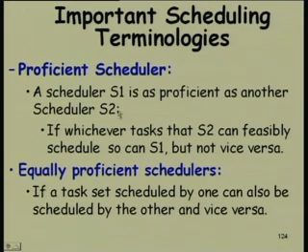Okay, it should have been vice versa, because it is as proficient. No, it is not vice versa. It is more proficient. I think the term is slightly misleading. If we had said more proficient, then this problem would not occur.